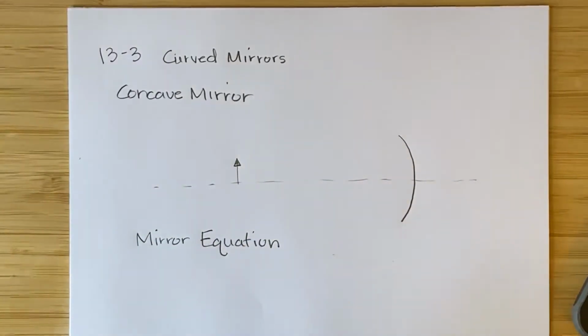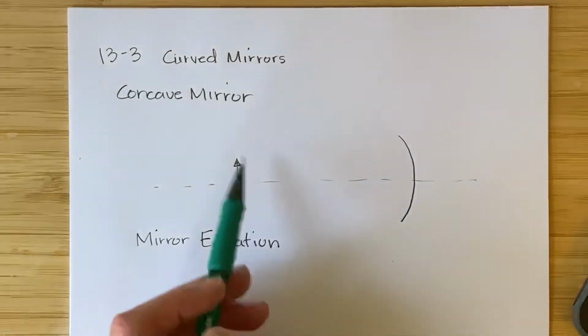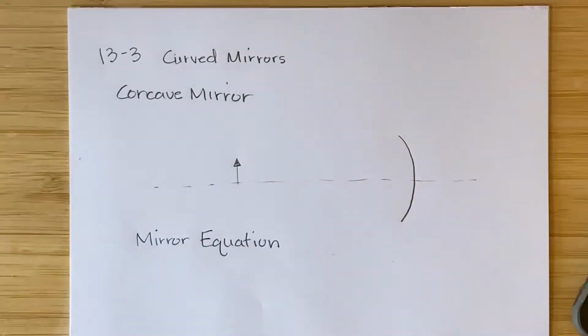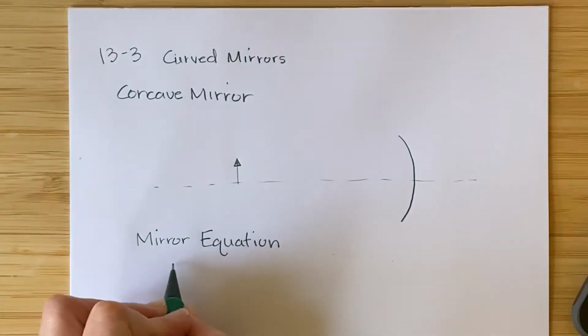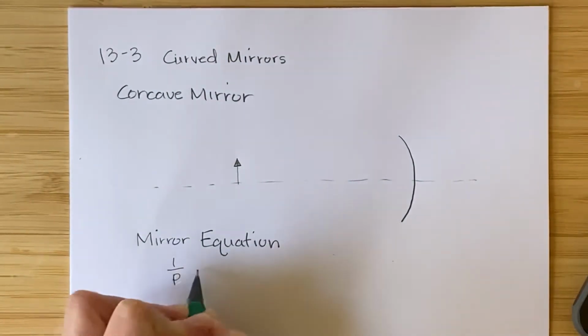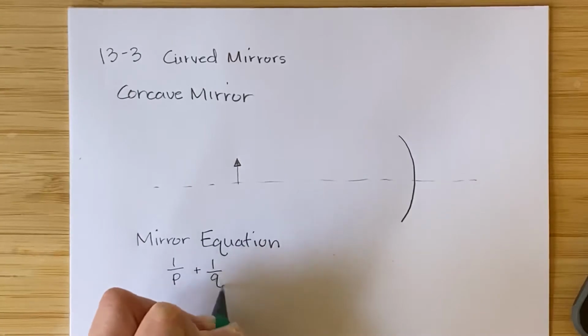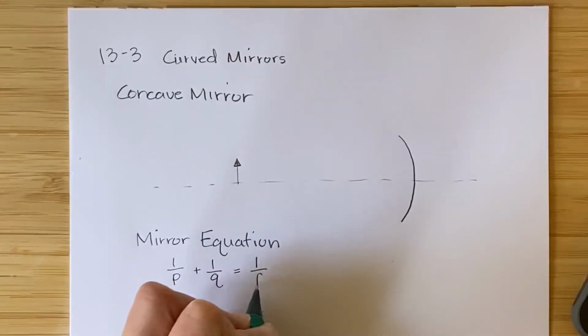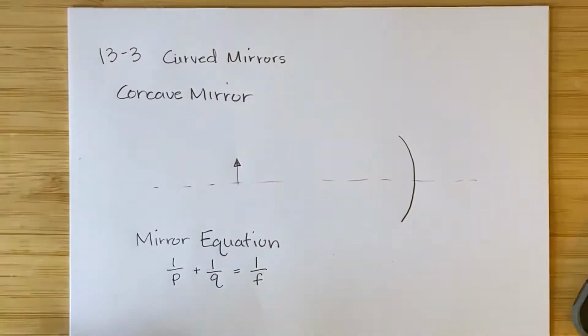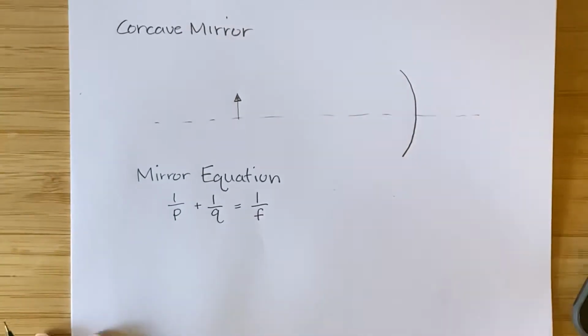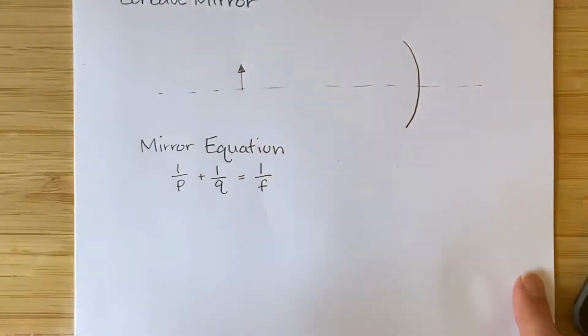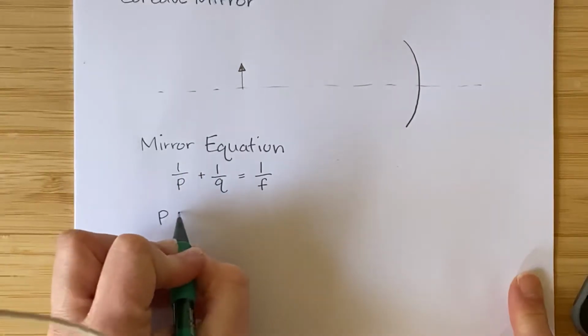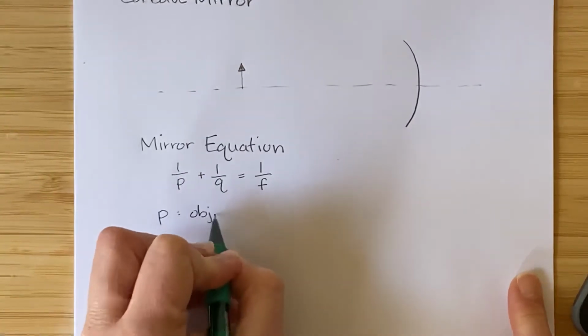The mirror equation has to do with the object distance, the image distance, and what's known as the focal length of the mirror. So the mirror equation is 1 over P plus 1 over Q equals 1 over F. P is the object distance.